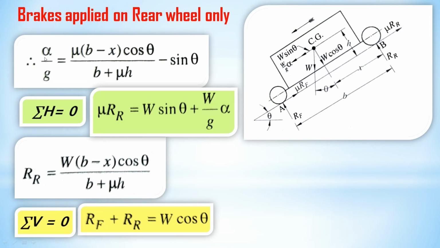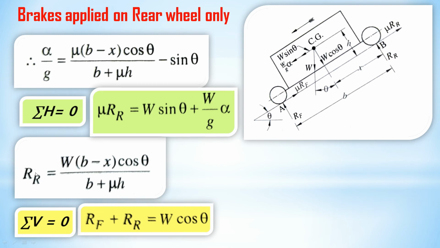And it is multiplied with this term, so minus W sin theta plus W sin theta is cancelled out. So the remaining term: Rr equal to W (b minus x) cos theta upon (b plus mu h).